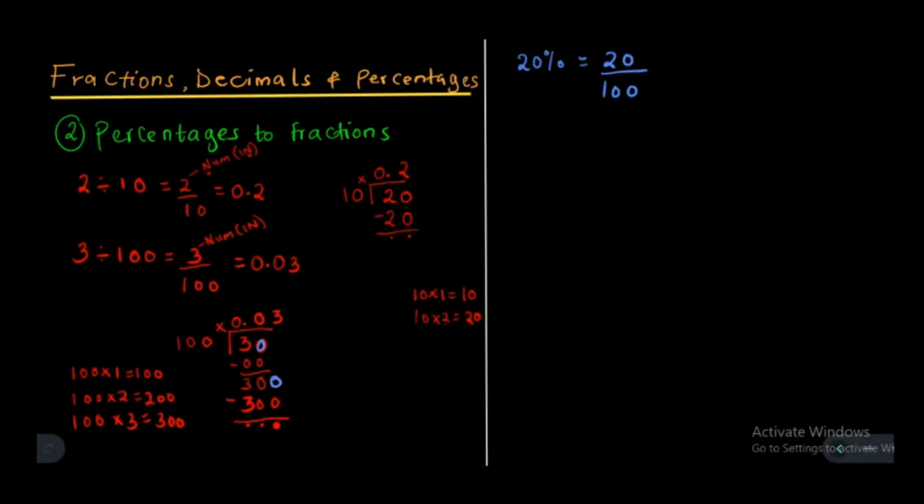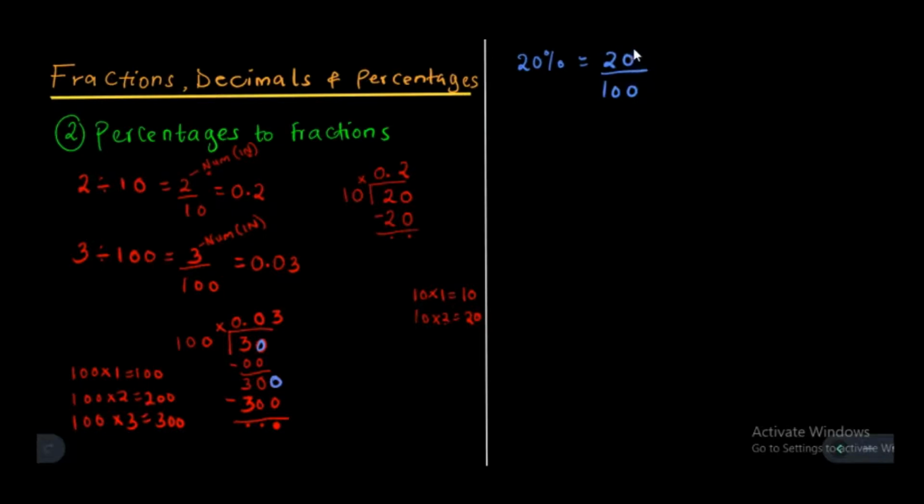Now, one of the ways we can express this is to ensure that we leave our fraction in the simplest form possible. That means this is a fraction, but it's not the simplest. When you look at a 0 on top and a 0 below, you can always think about cancelling the zeros.